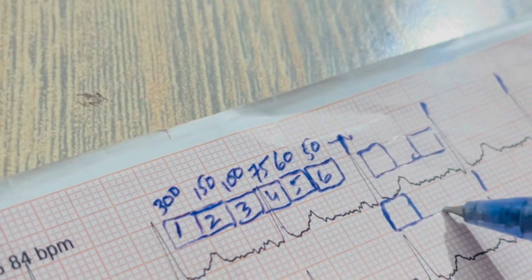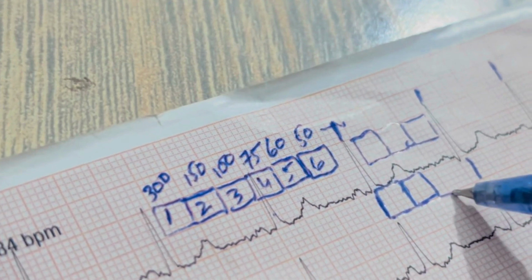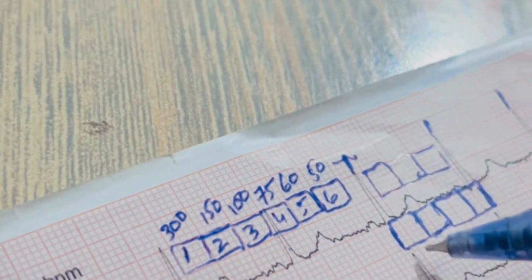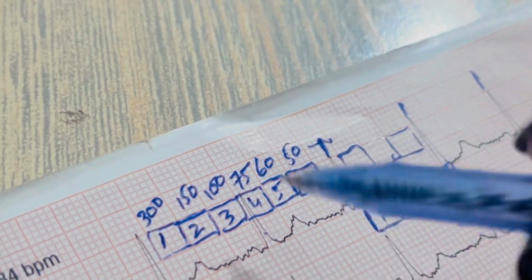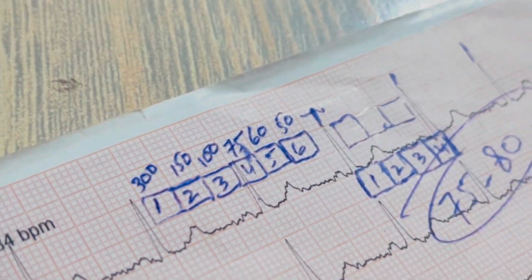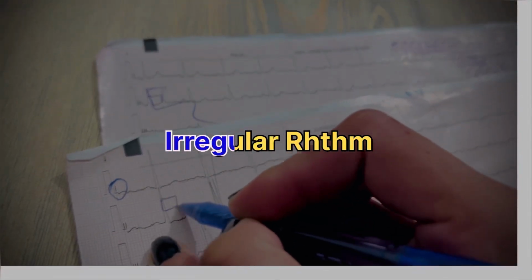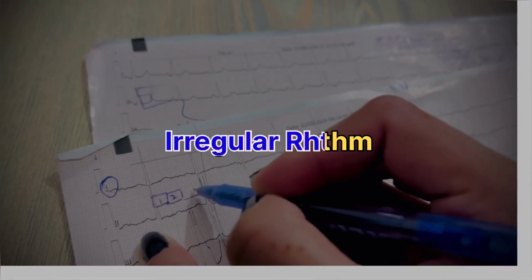So just remember these values to make quick calculations. Sometimes peaks do not come at the proper site, and then we count one large box by counting 5 small boxes.